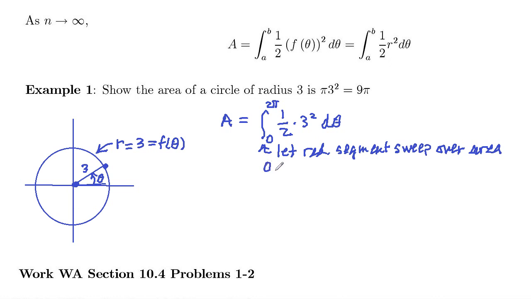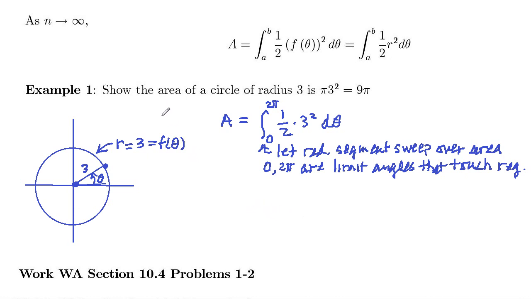So 0 and 2 pi are the limit angles that touch the region. Okay, and that's always how you want to get your limits of integration.